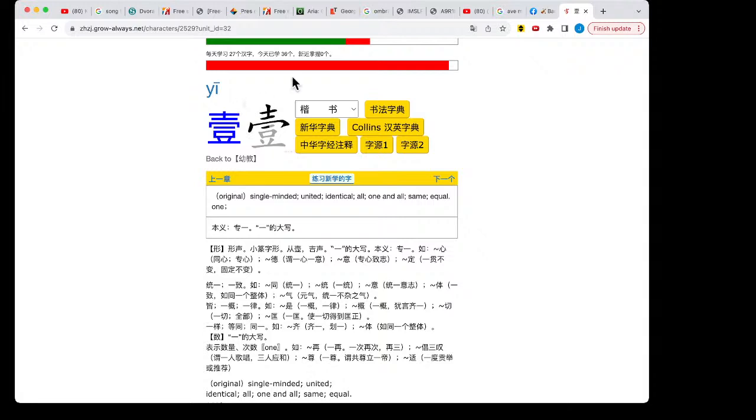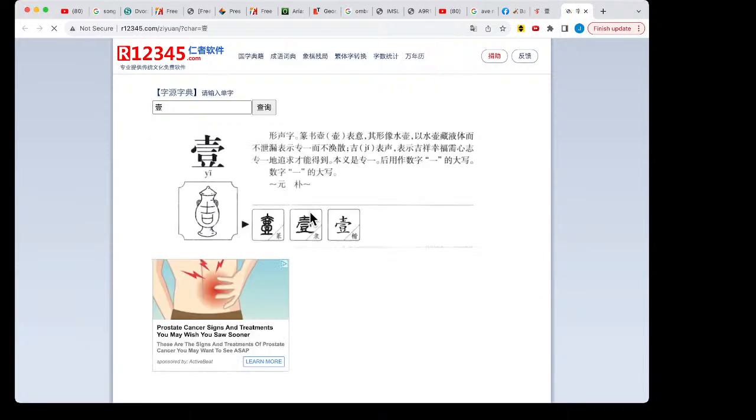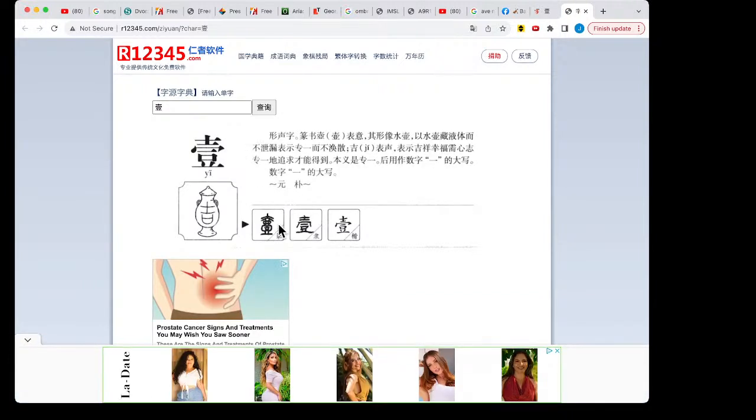So let's take a look at that character itself. If you look at the very old character, this thing is actually a teapot with a cap on top. So why use a teapot to mean complete oneness?